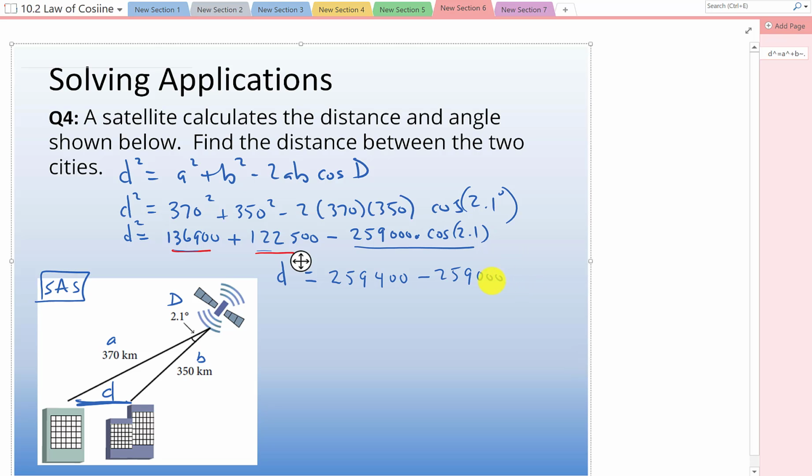But don't forget, this second term is times the cosine of 2.1. So we have to multiply the cosine here before we do the subtraction. Do multiplication before subtraction. All right, let's let the calculator finish this guy off.